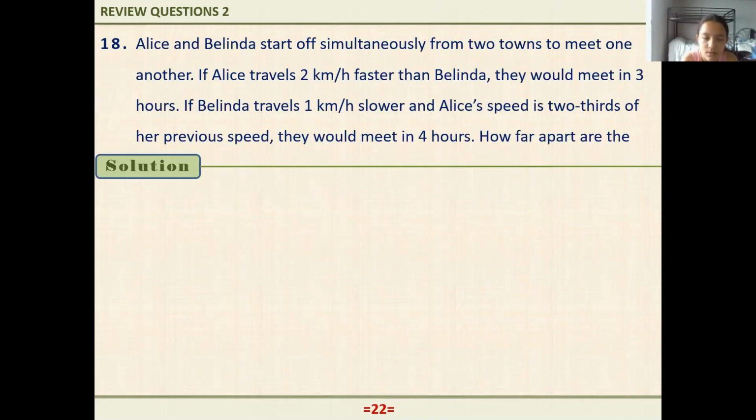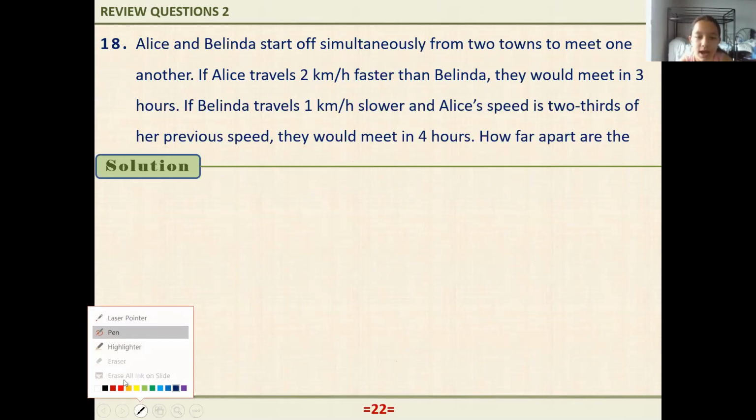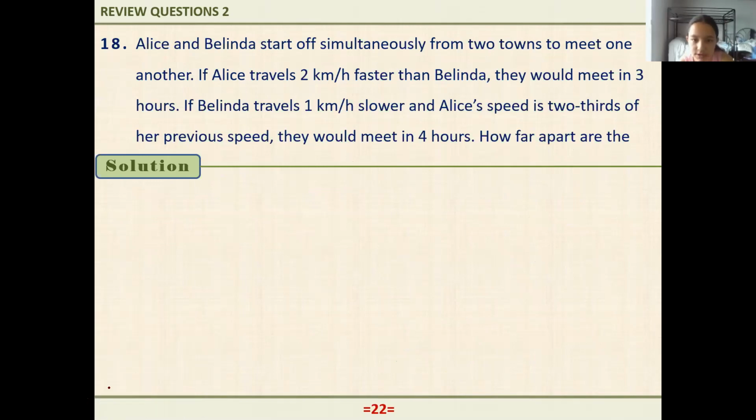The last problem, okay, and we'll finish our class. Read it. Alice and Belinda start off simultaneously. What does simultaneously mean? At the same time, right? Alice and Belinda start off simultaneously from 2 towns to meet one another.